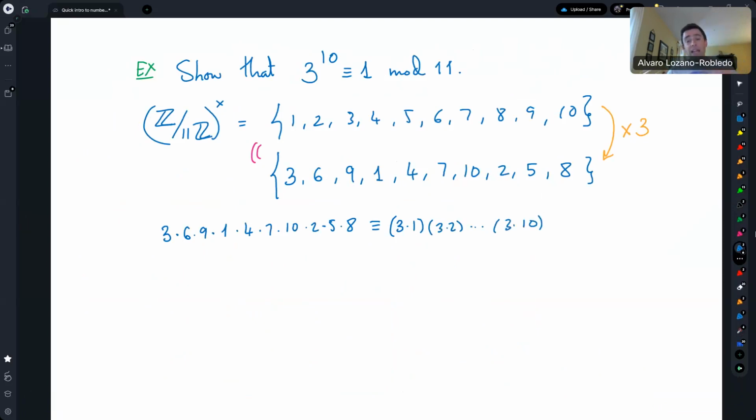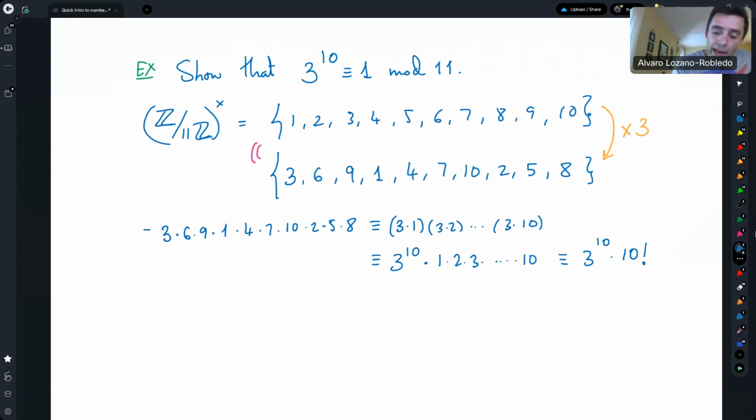And now multiplication in modulo 11 is associative and distributive, so I can take all those 3's and multiply them together first. You see there are 10 3's. So what I get is 3 to the 10 times 1 times 2 times 3 up to 10. So this is 3 to the 10 times 10 factorial.